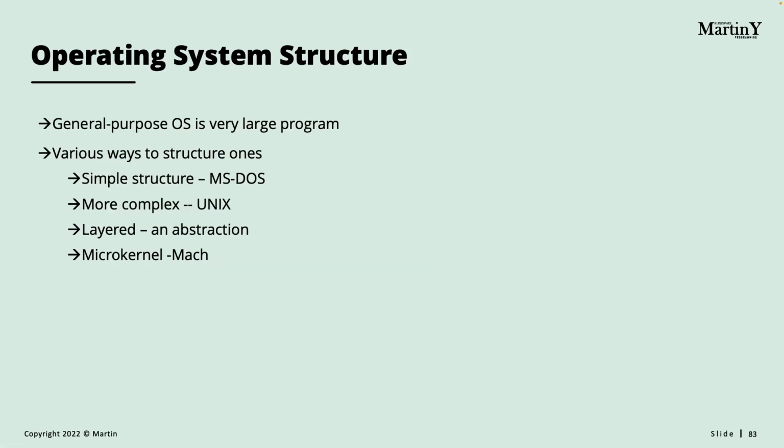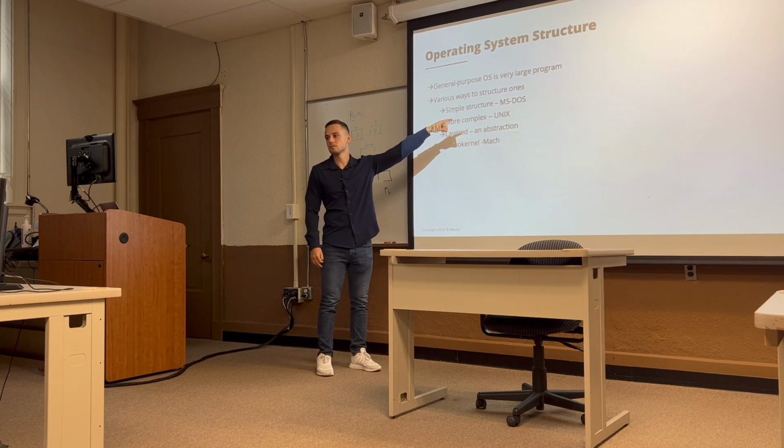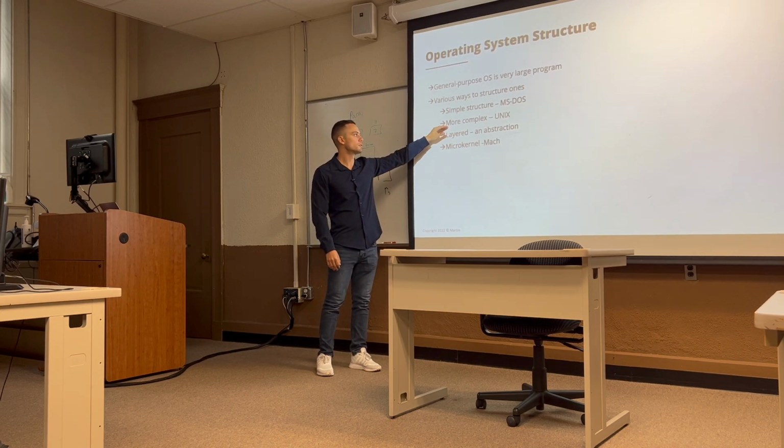So now, once we have all the foundations, I will introduce you to some basic operating system structures, so you can see how they work. Firstly, we're going to cover a simple structure, which is MS-DOS. Then we're going to go to the initial structure of Unix.